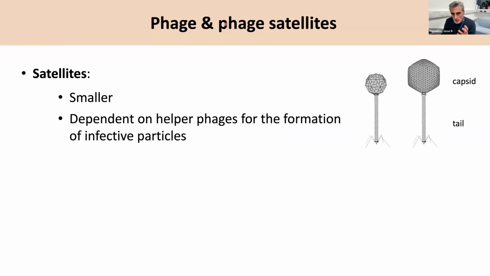As mentioned at the beginning, we also have phage satellites. So they look like a phage, but usually they have a small capsid because they are smaller in size. So this is the phage capsid. Usually the phages we work with are 45 kilobases, and the satellites are 15. Usually it's like a third of the size.